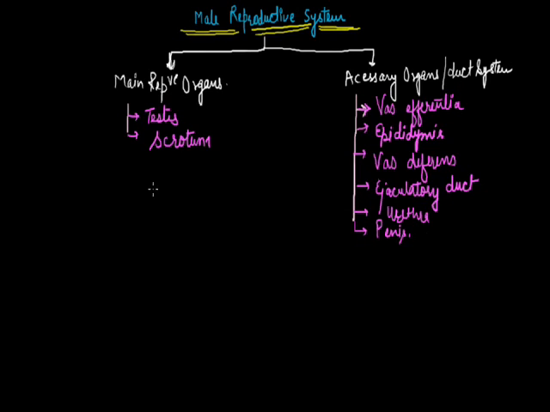Along with all these structures, two accessory structures are also found. First one is the seminal vesicle, and the next one is the male reproductive glands like the prostate gland. Now I am going to draw the diagram of the male reproductive organs.